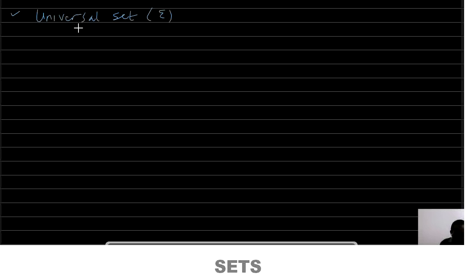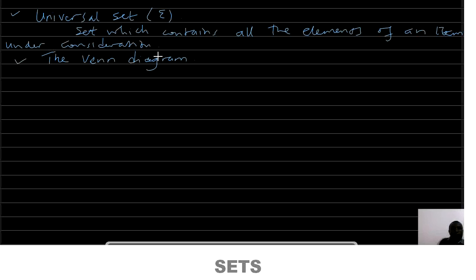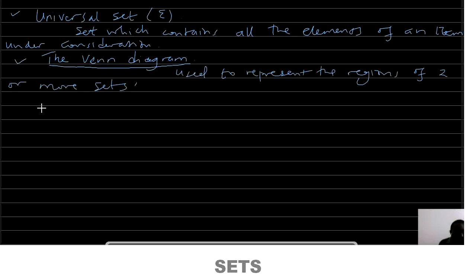We have the universal set. This is a set which contains all the elements of an item under consideration. Venn diagram, we have seen something about the Venn diagram. The Venn diagram is used to represent the regions of two or more sets. So we are going to start with a two-set problem.